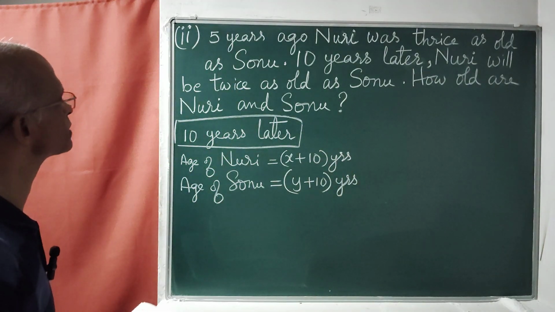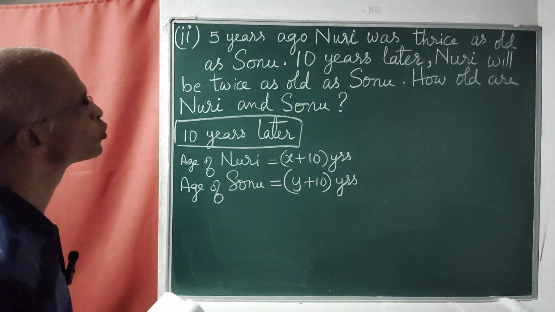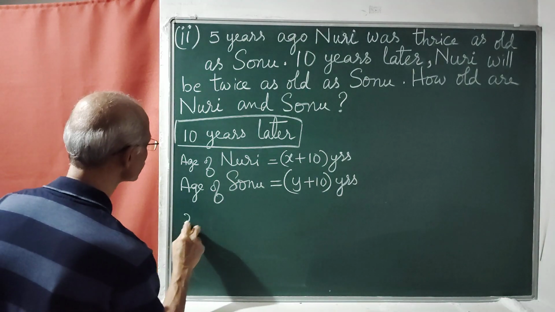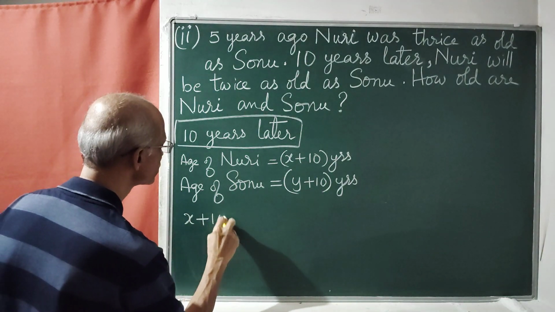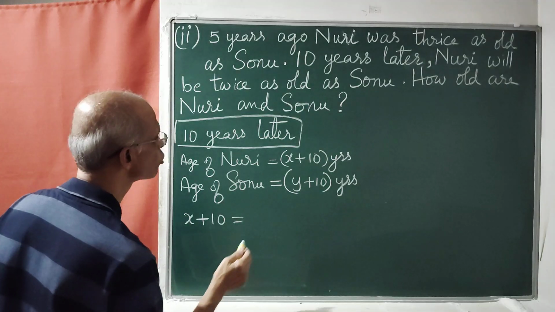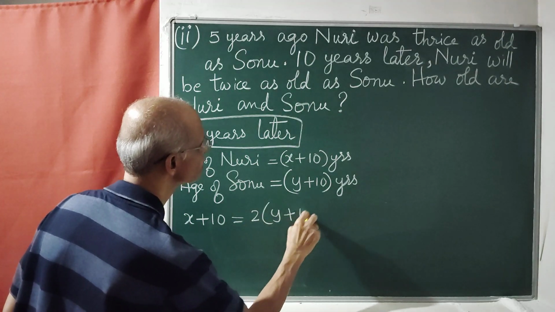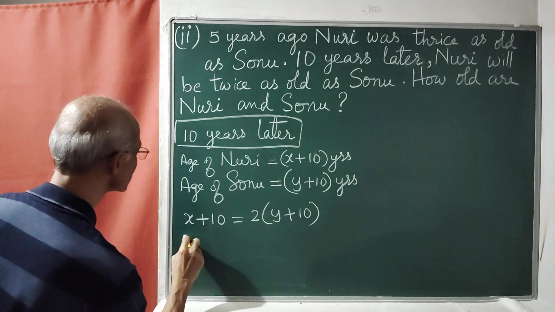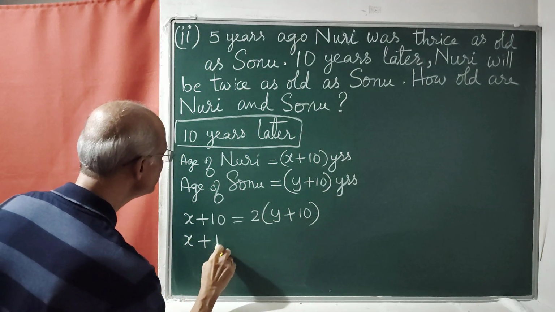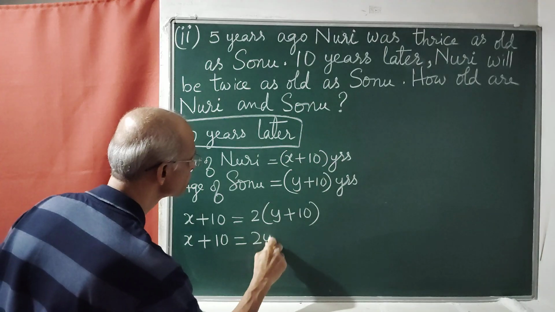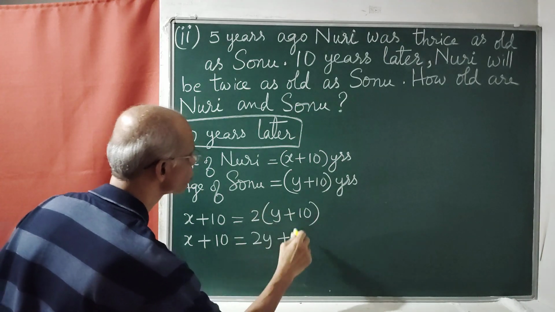Now the comparison is Noori will be twice as old as Sonu. So X plus 10 will be equal to 2 into Y plus 10, that is 2Y plus 20.